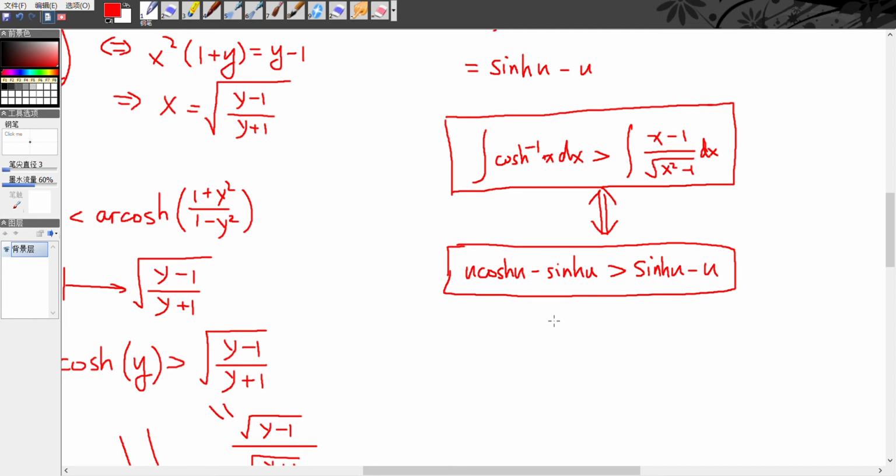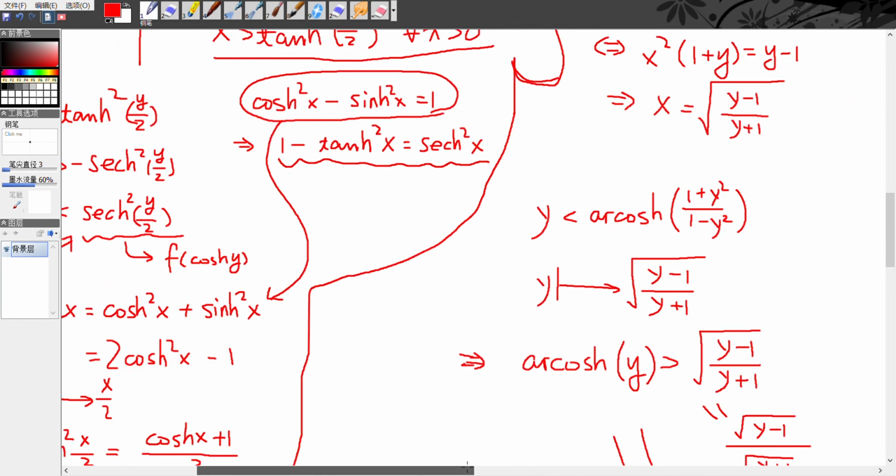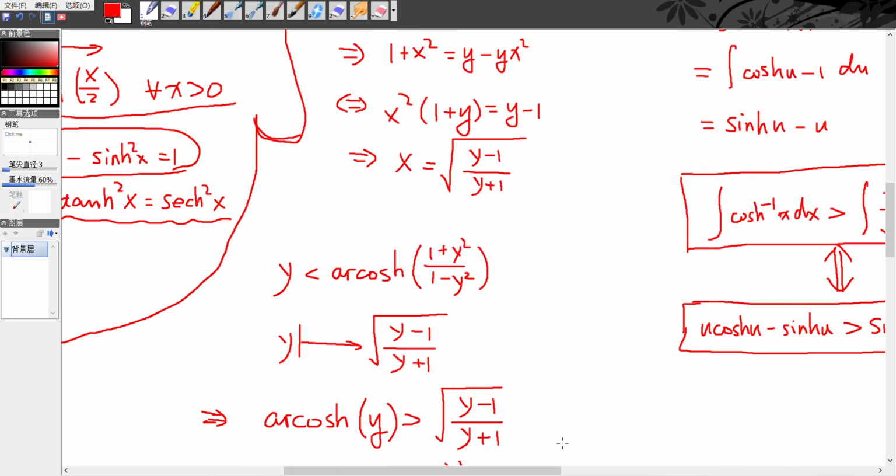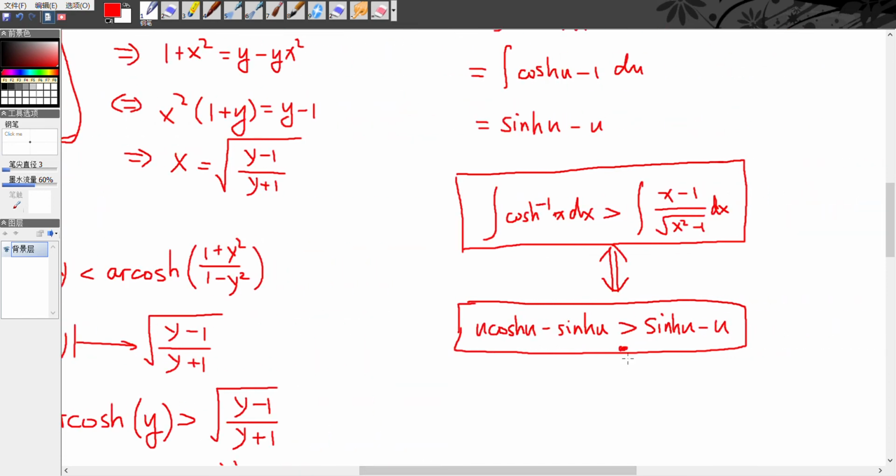And how could we derive the form that we want? Basically, it's just this form. How could we derive this form of inequality from this? So the first thing we want to do is just to rearrange this inequality, which gives us u cosh u plus 1 is bigger than 2 times sinh u.